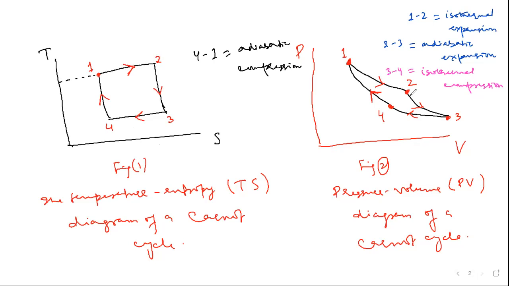From 1 to 2, the temperature of the system is the same as that of the hot reservoir, which we represented by TH. So from point 1 to point 2, the system is in thermal contact with the hot reservoir, and we know it absorbs heat from the hot reservoir. Temperature of the hot reservoir is TH, right?